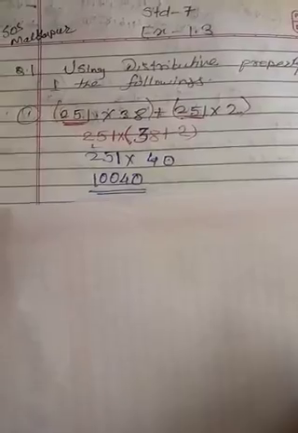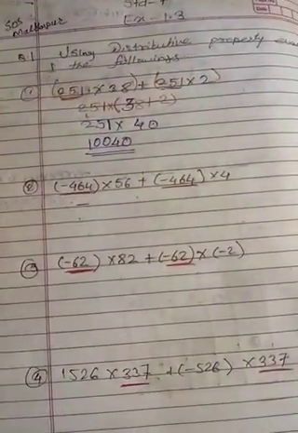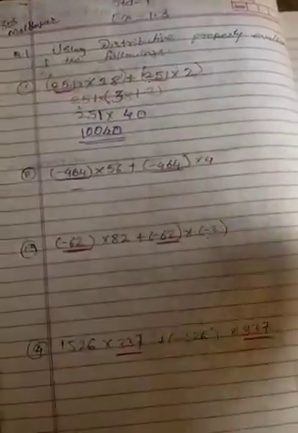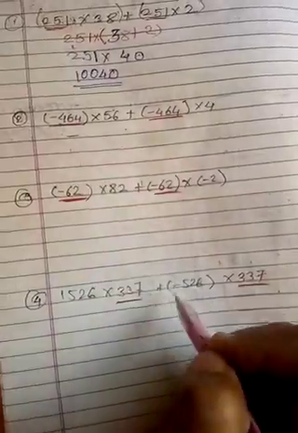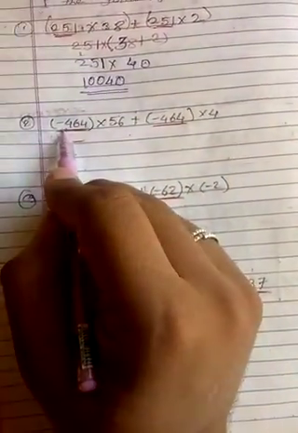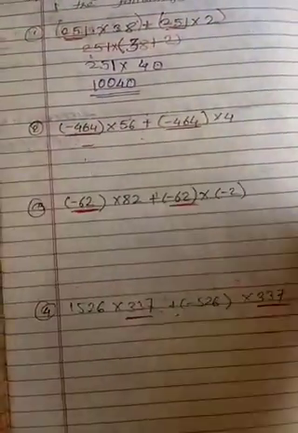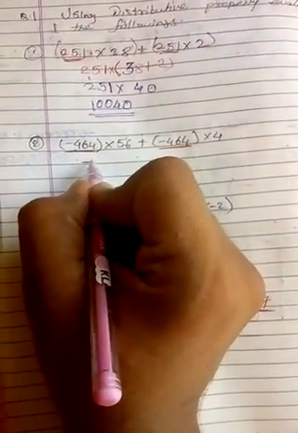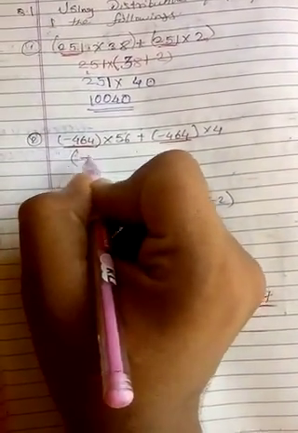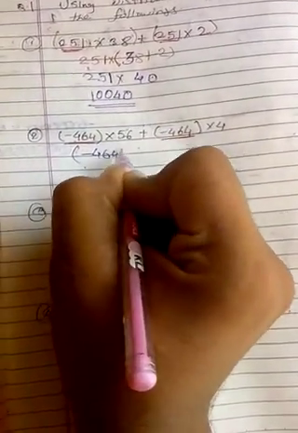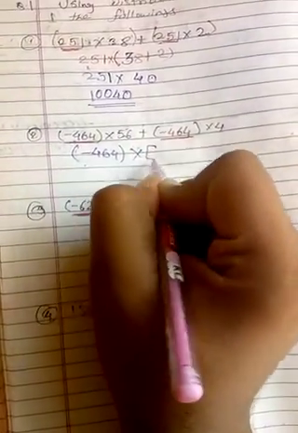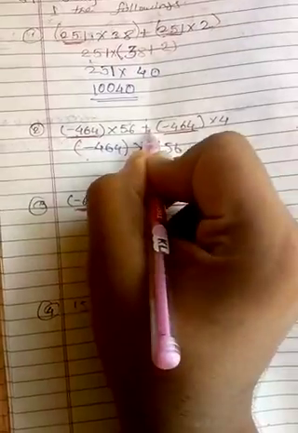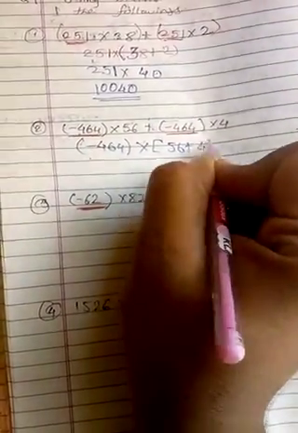Okay, see, the next question is based on the distributive property on addition. Here also there are two numbers, addition. In this, these underlined numbers are multiplied to the given number. So how will we write this? 464 will come out, multiplied in the bracket 56 plus 4.